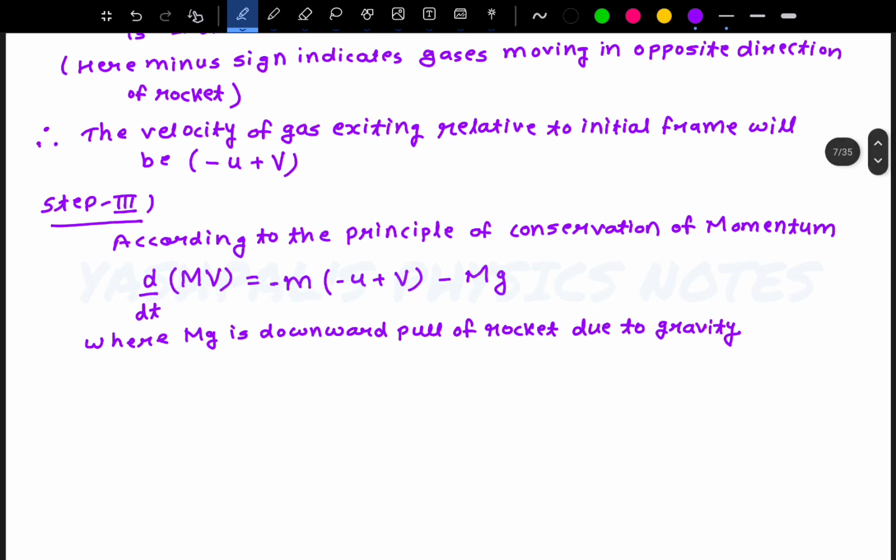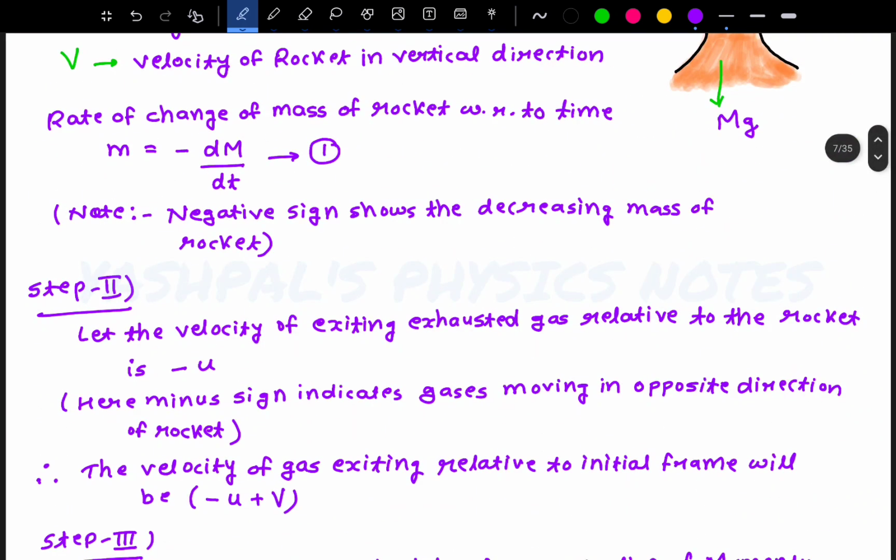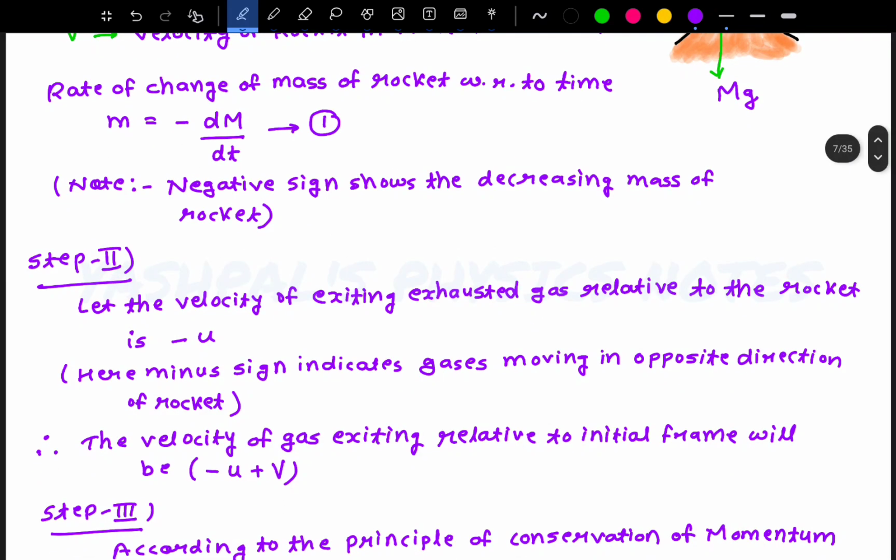Now I am going to do the derivation. When we differentiate the first term, I can take V common: V dM by dt plus, taking capital M common, M dV by dt, which will be equal to, now see, in equation number 1 we have already found the value of small m, which is minus dM by dt.